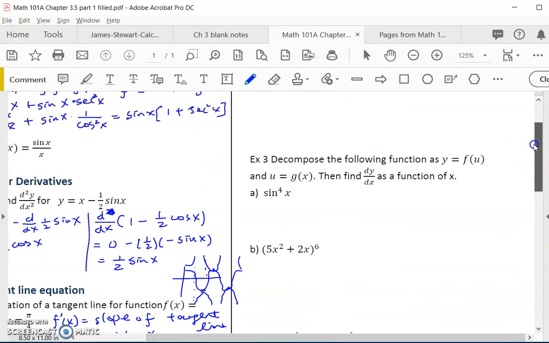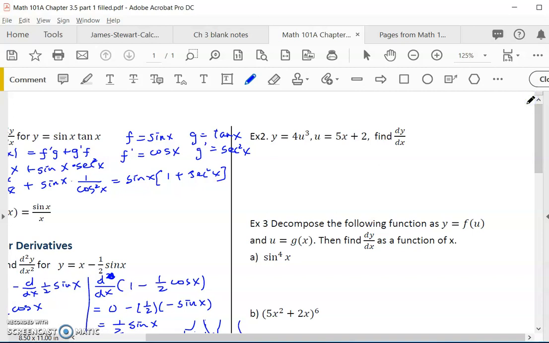Another example: y equal to 4u cubed, and u is 5x plus 2. Find dy dx. Use dy dx equal to the derivative of y with respect to u times du dx.